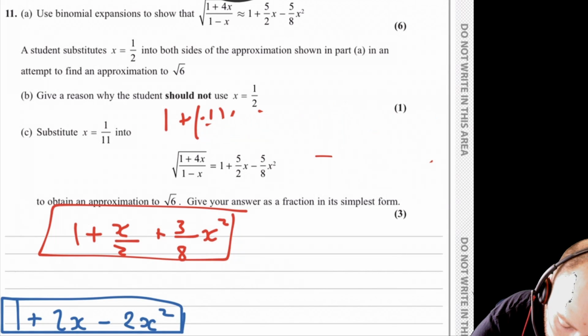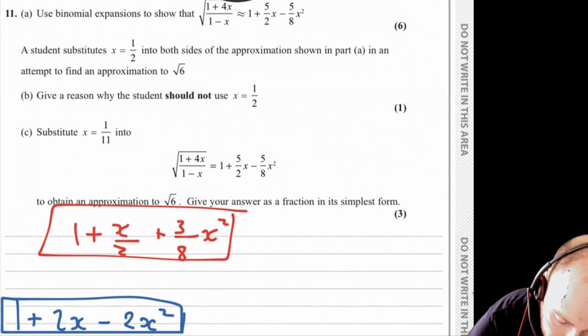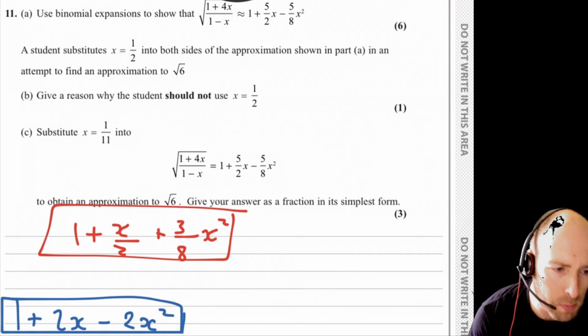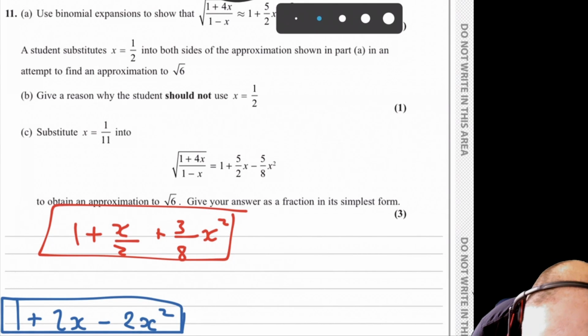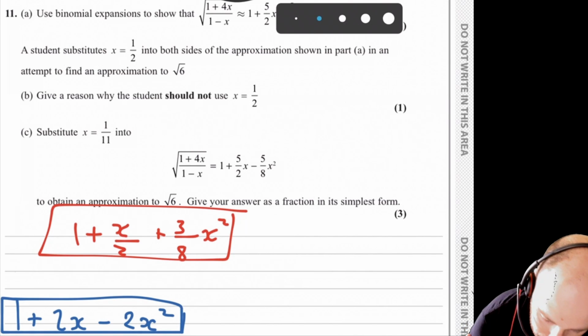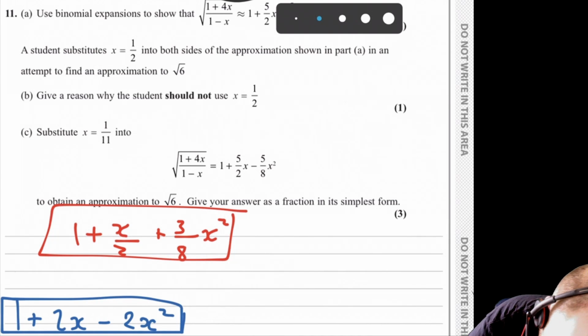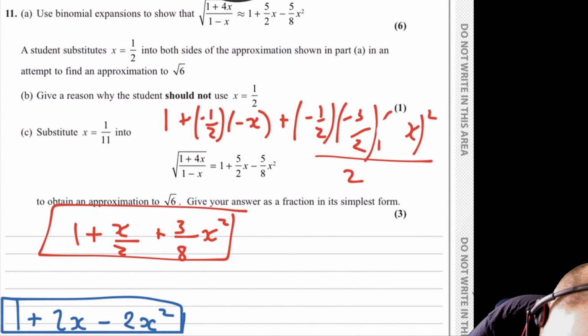Right, so all I need to do is times these two things together up to the x squared term. So I can ignore any terms that are going to be more than x squared. Let's write these out next to each other and make it a bit easier, so let's put all that in brackets.